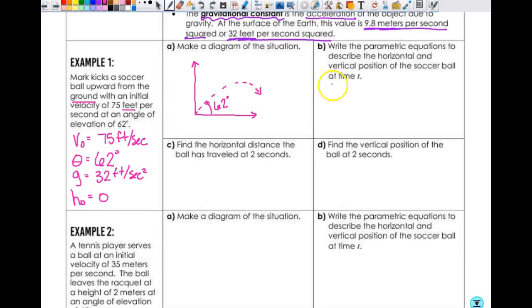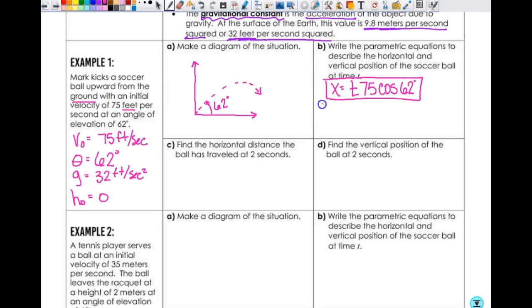So that means that x is going to be equal to t times v sub 0, which is 75, times the cosine of the angle, which is 62 degrees. And that's x. That's your equation.